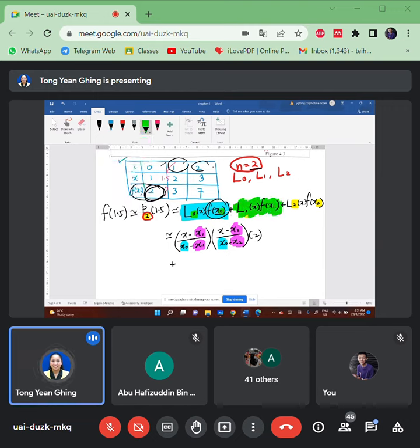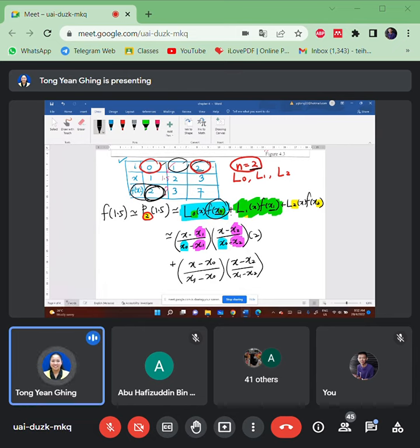Now I will expand L1(x) f(x1). Because this is x1, you see x1, I expand this one based on its base starting from x1. So excluding itself, x1, we have x0 and then x2. So we start from x minus x0 and the other is x1 minus x2. So copy this back.